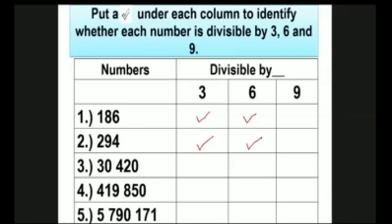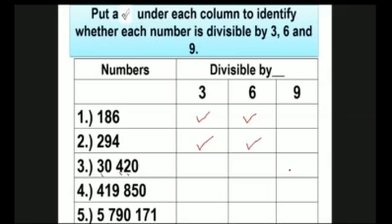So again, number 3, 30,420. Is it divisible by 3? May we go first to the divisibility by 9. So let's take a look at the digits: 3 plus 0 plus 4 plus 2 plus 0. The non-zero digits, 3 plus 4 will give you 7 plus 2 will give you 9.